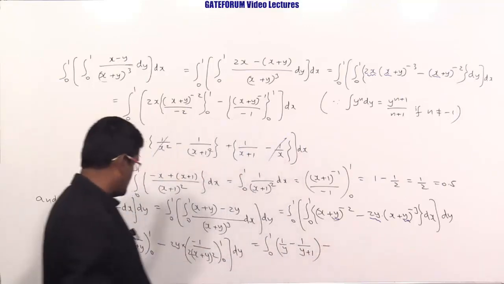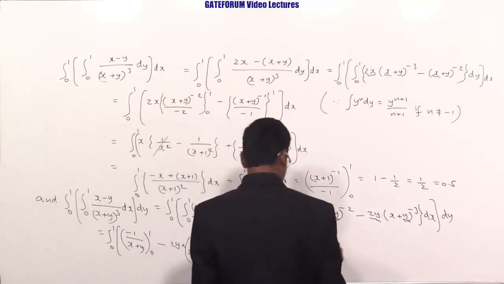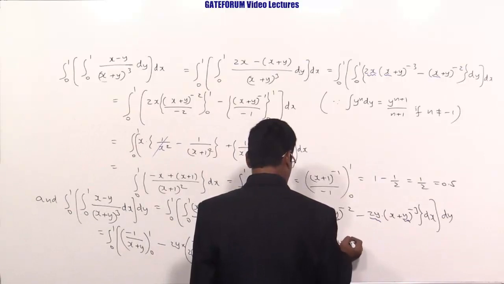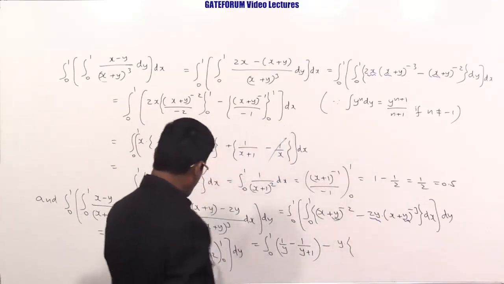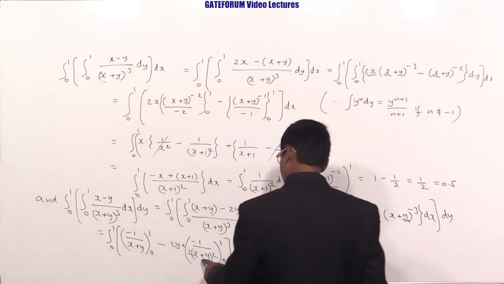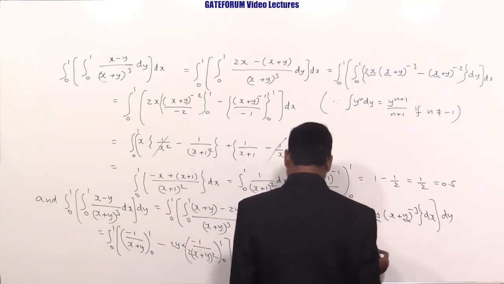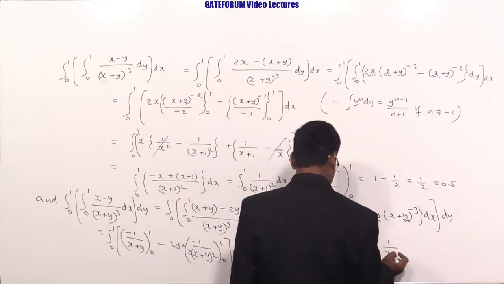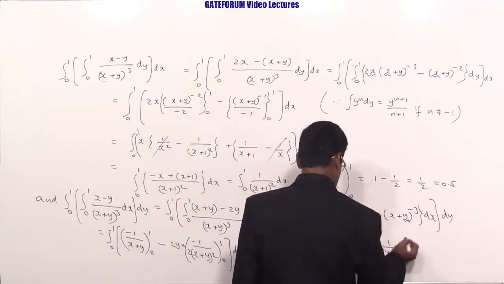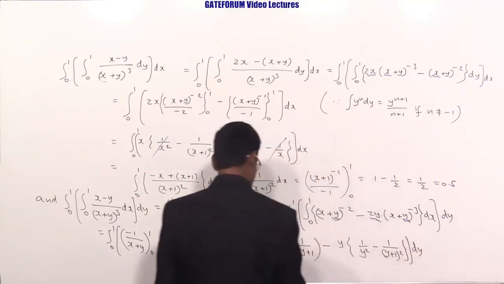Minus, here 2 cancelled, minus y into 1 by y square minus 1 by (y plus 1) whole square, all these terms dy.